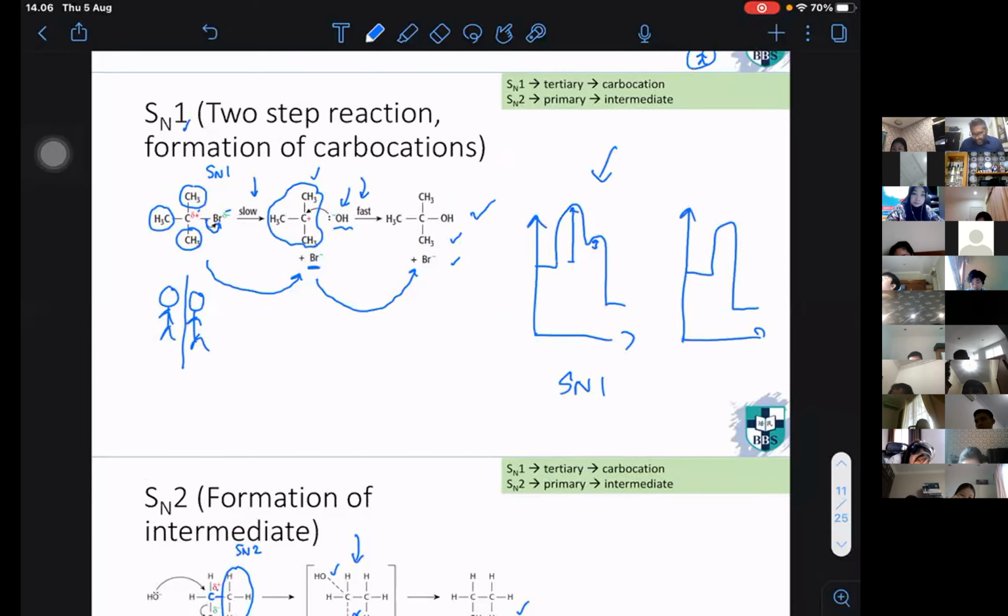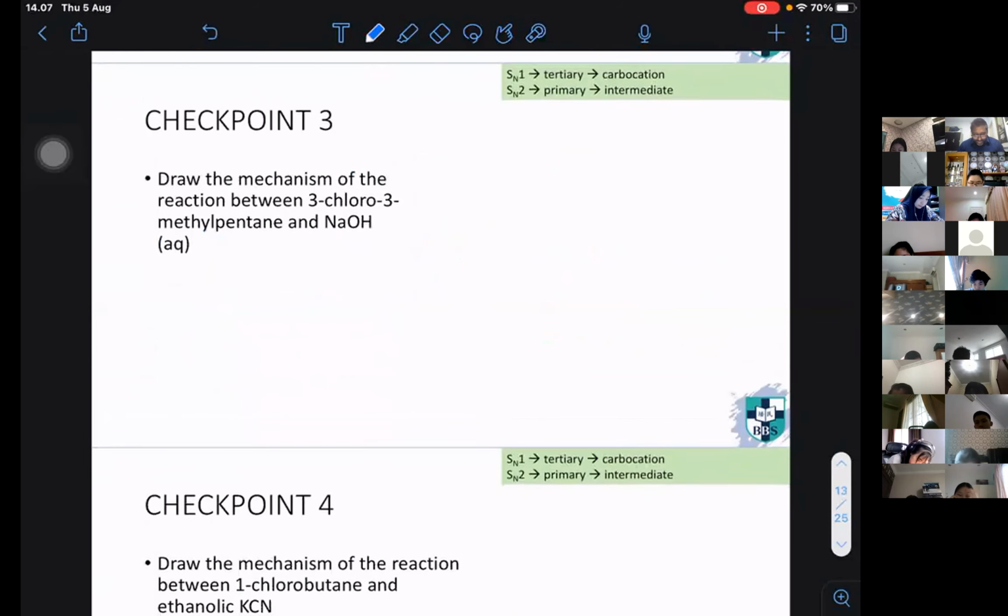Why? Because there is an intermediate state there, and this is going to be a two-step, step number one, step number two. This one is a single step, so this one belongs to SN2. You can see in the past year papers, there is going to be a question on this. But now, going back to our checkpoint.